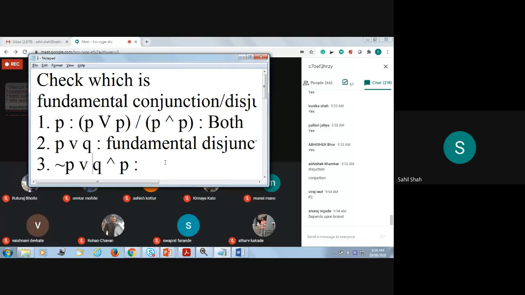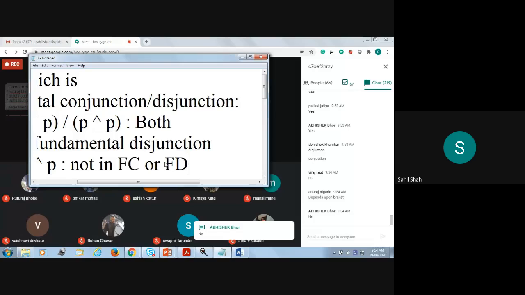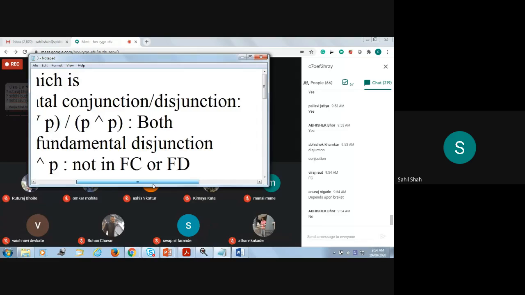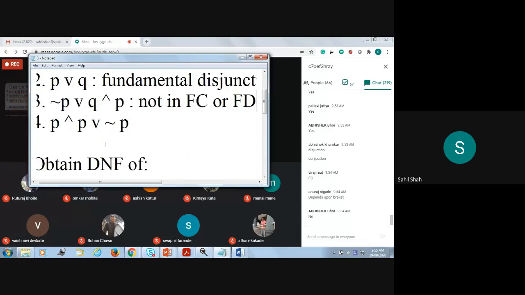So if braces are not present, what will be our answer? Not in. If braces are present, absolutely fine. If I put a brace over here, I could get a fundamental disjunction. If I put braces here, I could say fundamental conjunction or disjunction like this. But certainly at this point of time, it is not in fundamental conjunction or disjunction.